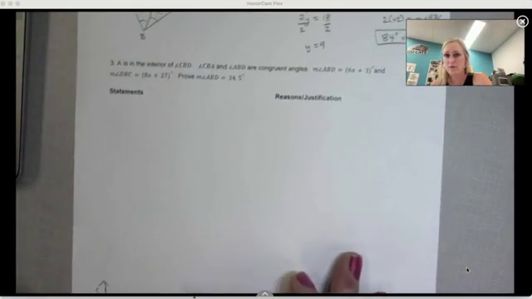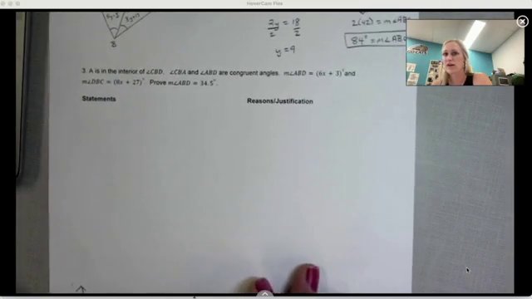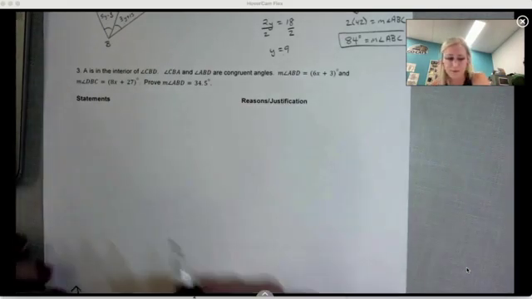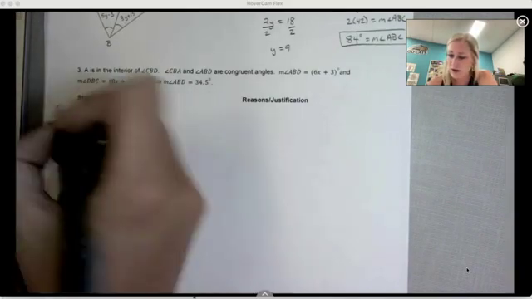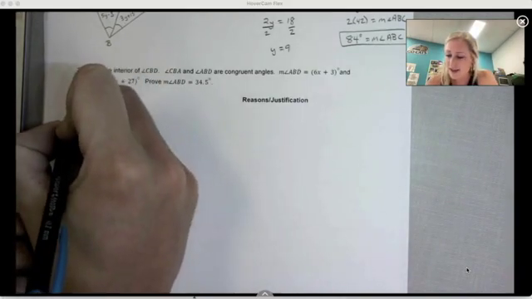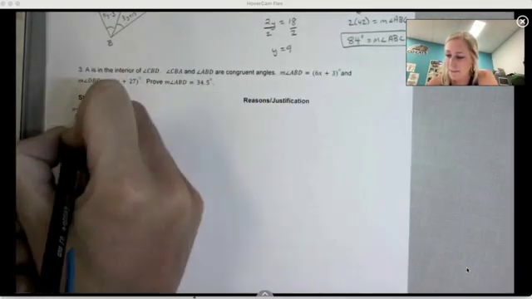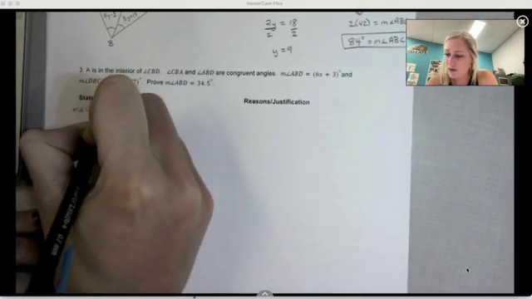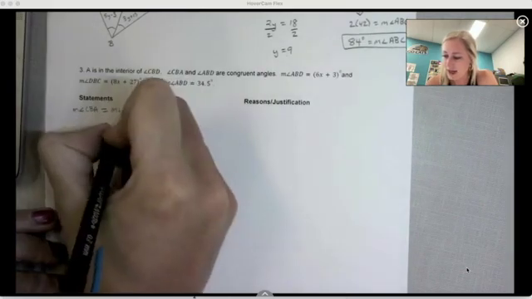We are given some important pieces of information here, specifically about angle CBA and ABD being congruent. So we know because of that, their measurements are equal, right? The measure of angle CBA is equal to the measure of angle ABD.